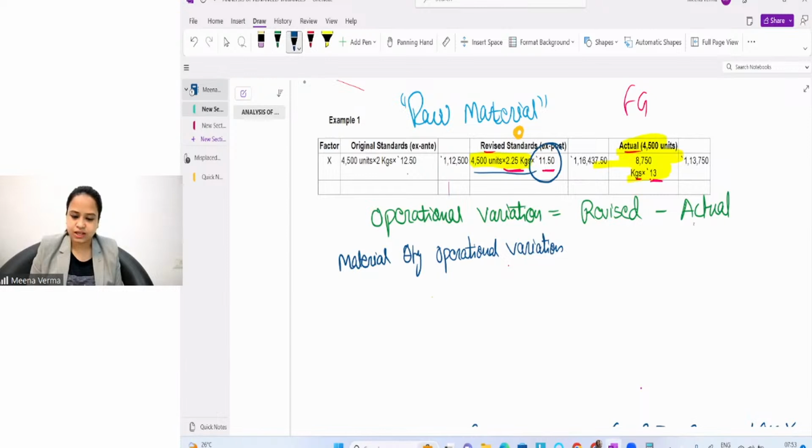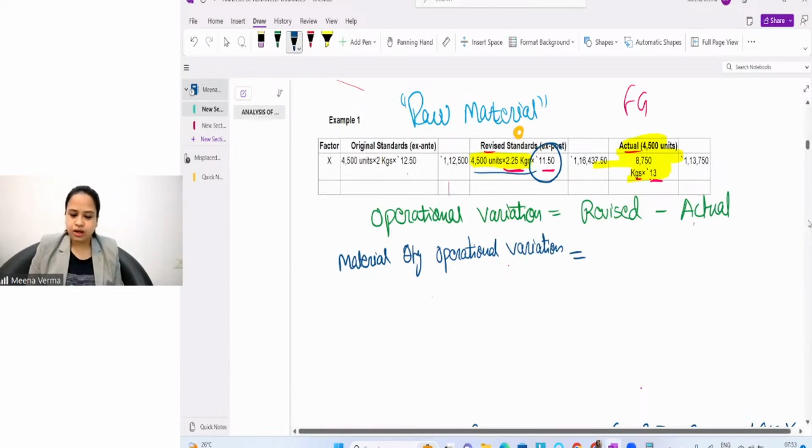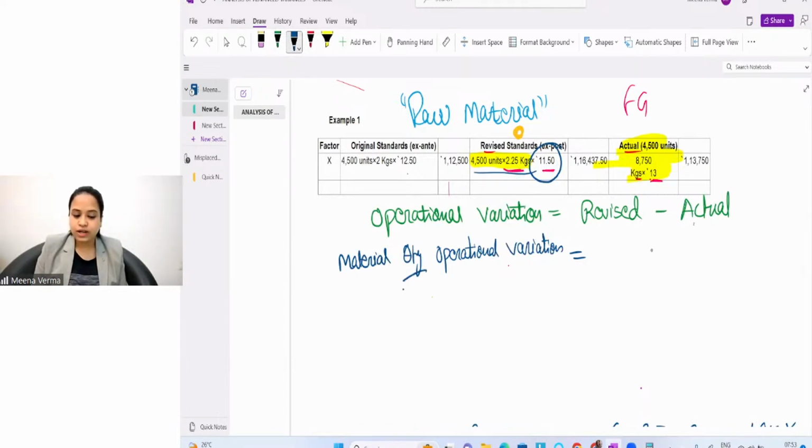Now to find it, we have to see what was your revised quantity, because we are finding the quantity, right? So what was your revised quantity for the actual output?